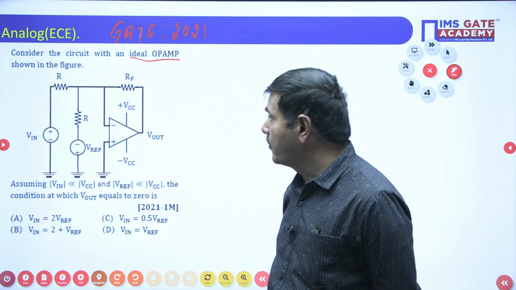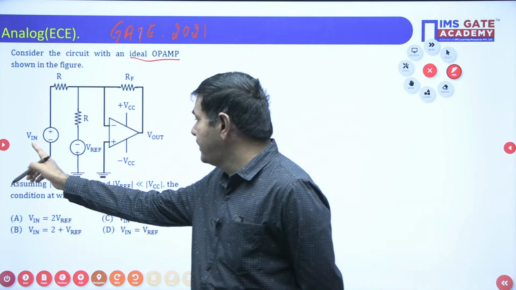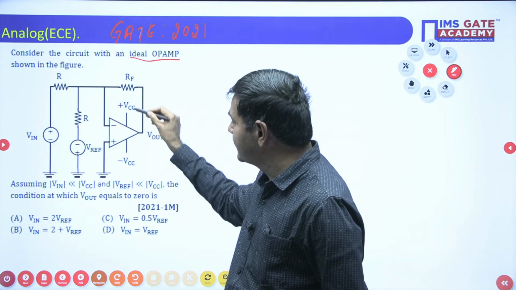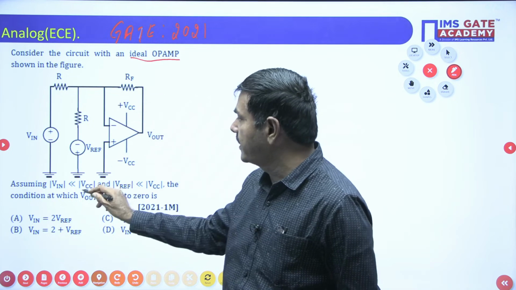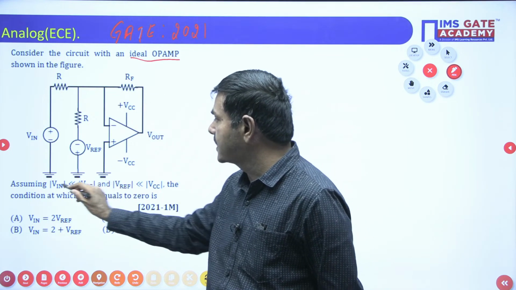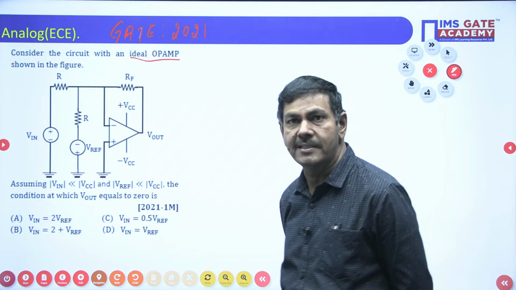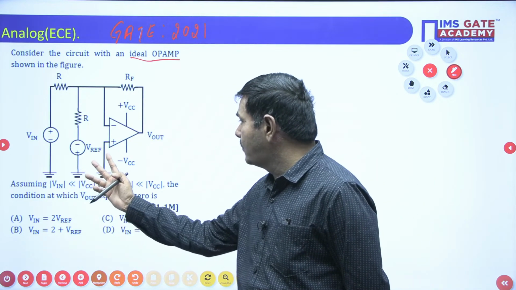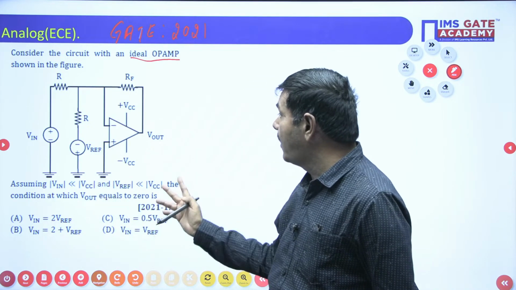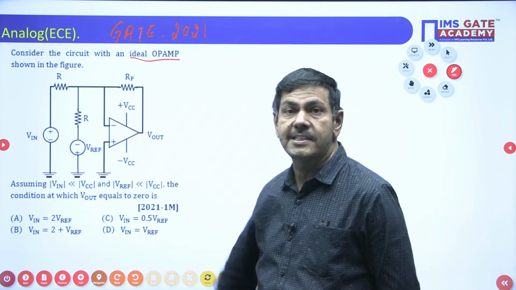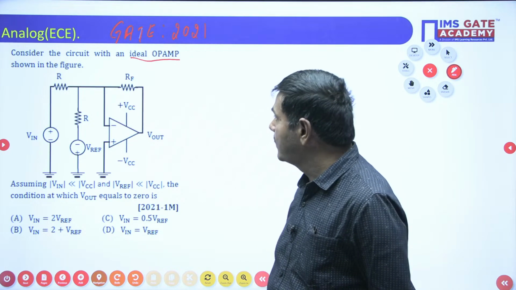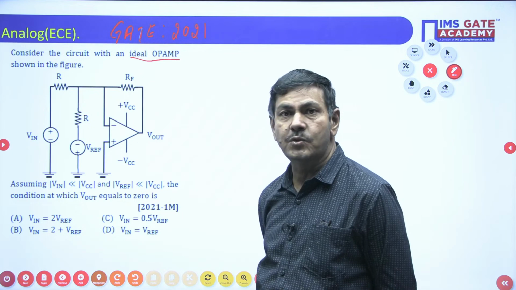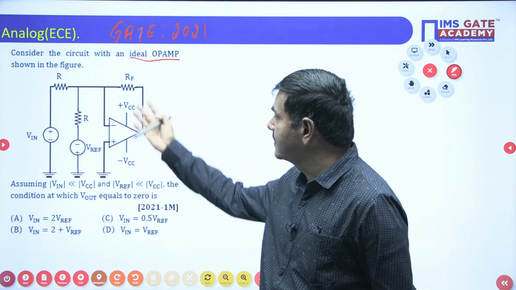Also in the problem, V in is far less than modulus of VCC, plus VCC or minus VCC. As compared to VCC, V in is very, very small, he says. Even modulus of V reference is far less than modulus of VCC. We know very well these two are nothing but biasing sources.